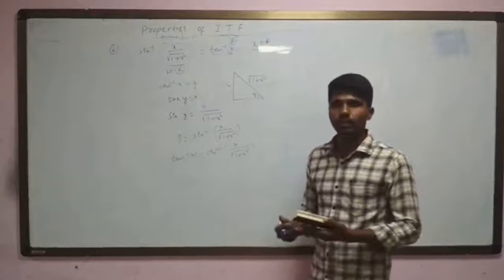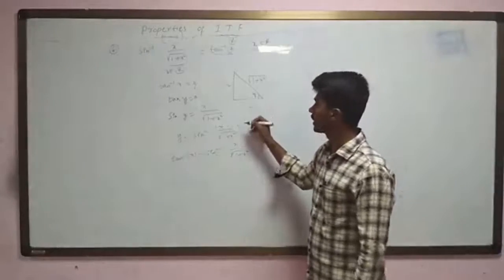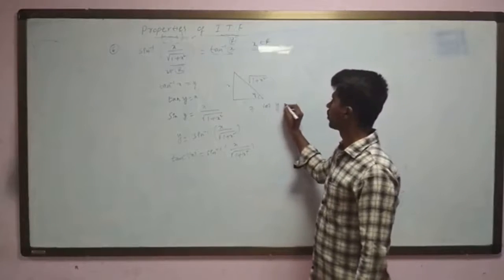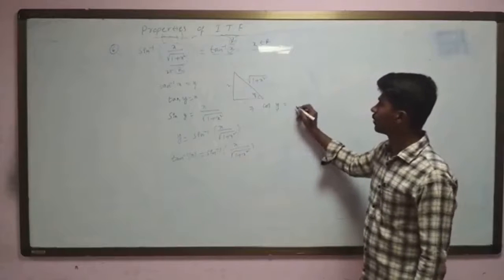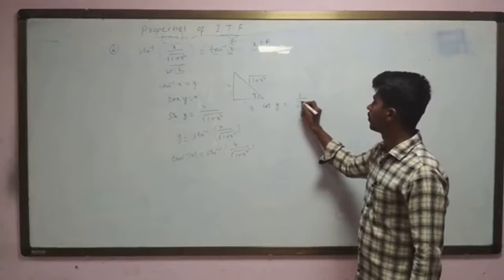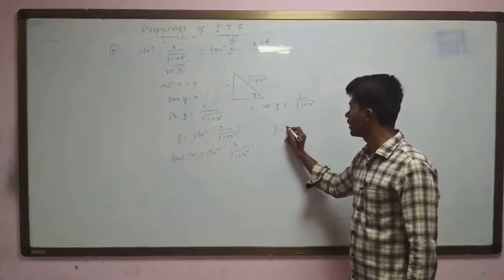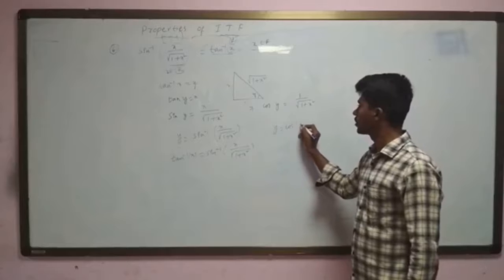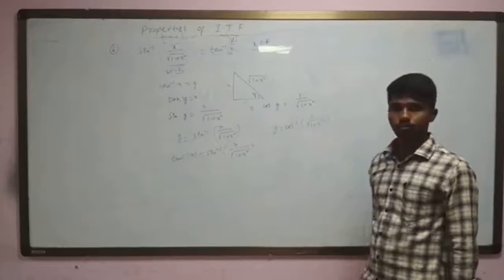So if I want to convert this in terms of cos, what can I do? Instead of taking sine y, I take cos y. Cos y is equal to 1 by root of 1 plus x square. Y is equal to cos inverse of 1 by root of 1 plus x square.